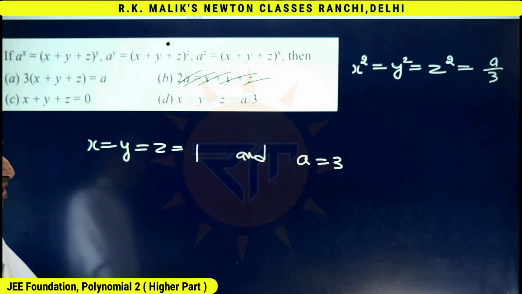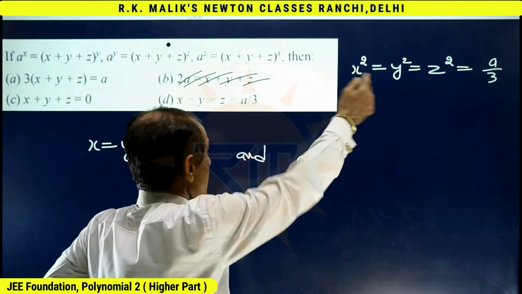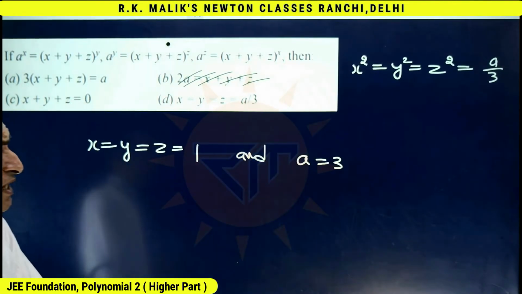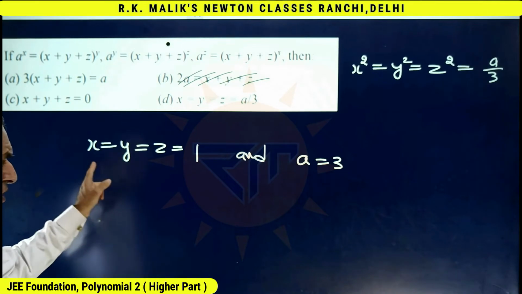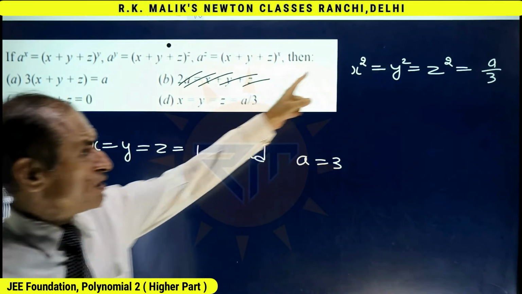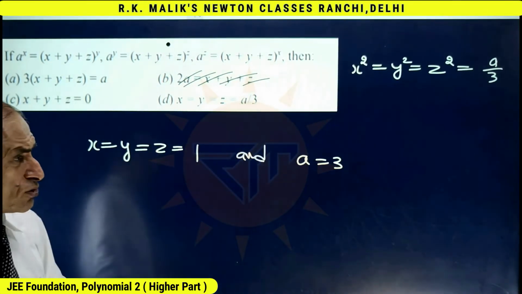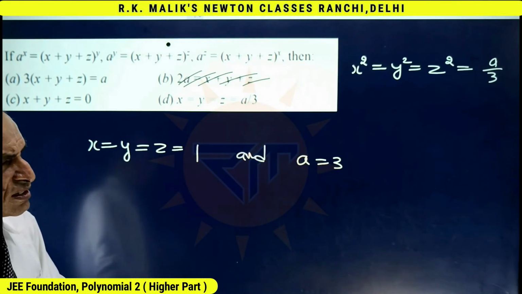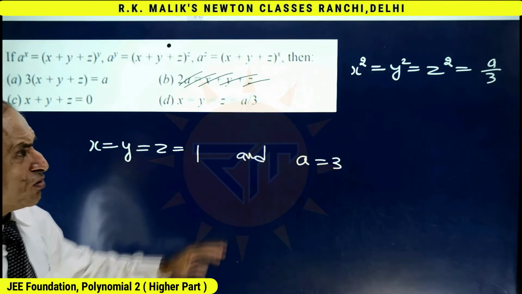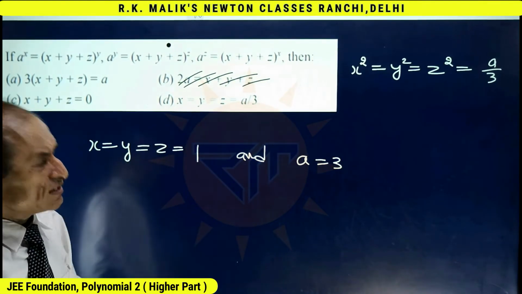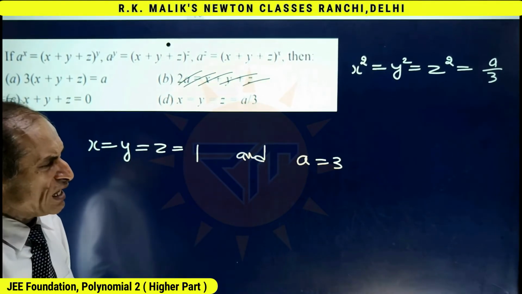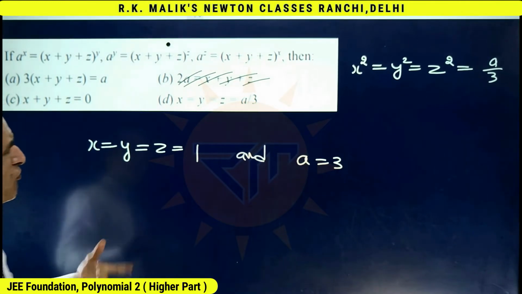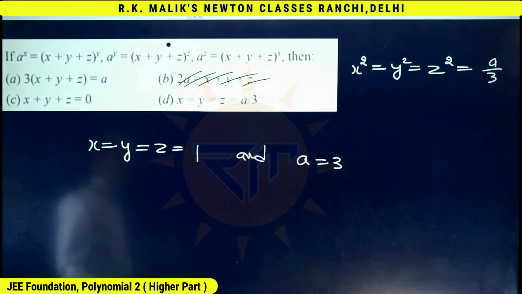Then in that case, confusion will arise between this and this, which one is the correct choice, because in that case these values will satisfy this also and this also. And usually this thing doesn't happen that two choices give same answer, but even if this happens, then we can take any other case. Only the case should be simple.